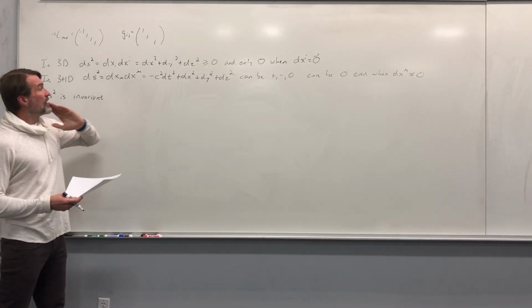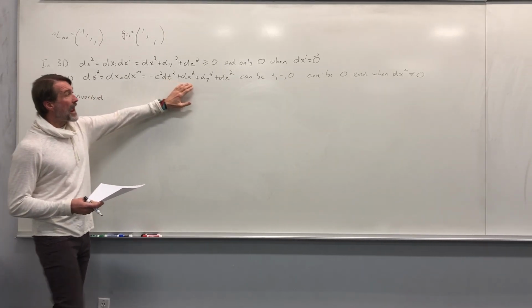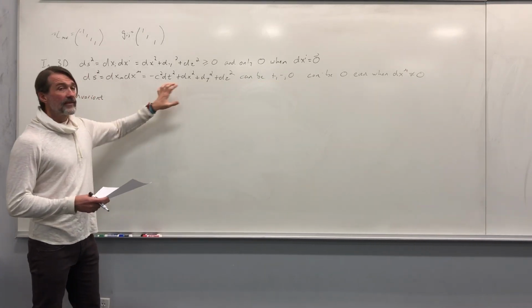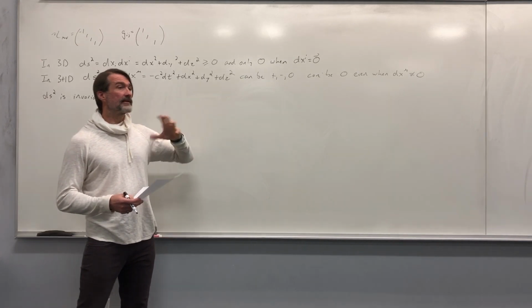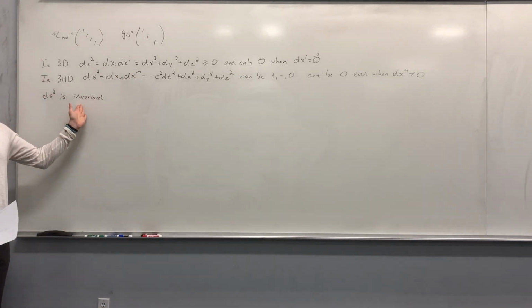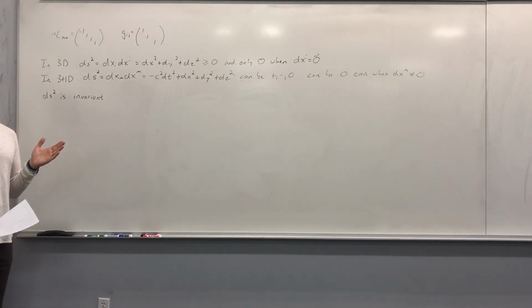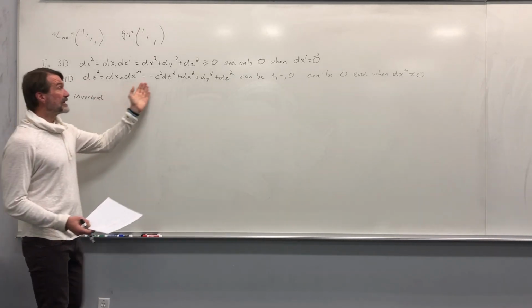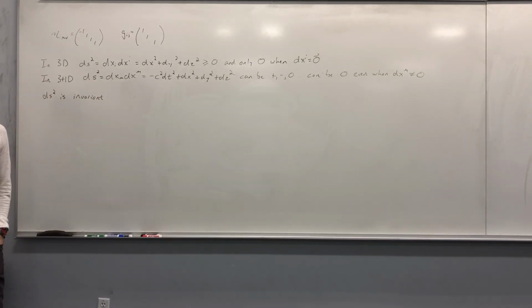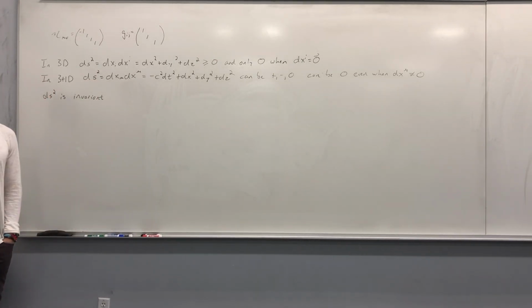So whatever sign this obtains when I crank it out, that is going to be the same sign that's observed in any reference frame, because changing your reference frame is not going to change the value of ds squared. So if something has a ds squared which is negative, every single observer is going to see it as negative. If it's 0, every single observer will see it as 0, okay?